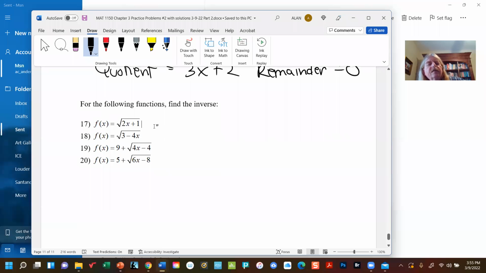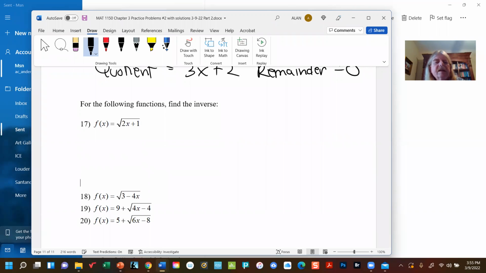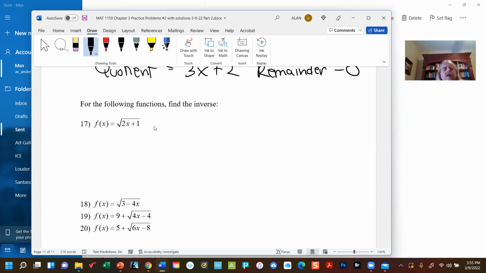All right, now finding the inverse, this is something we've done before and we're getting pretty good at it, I think. Let's rewrite this as y equals radical 2x plus 1. And remember what you're trying to do here. The strategy is to first reverse the x's and y's and then solve for the new y.